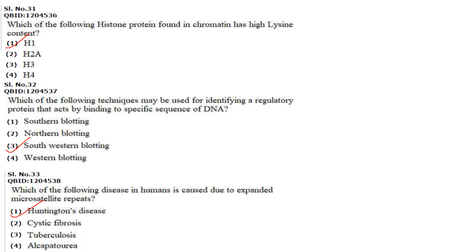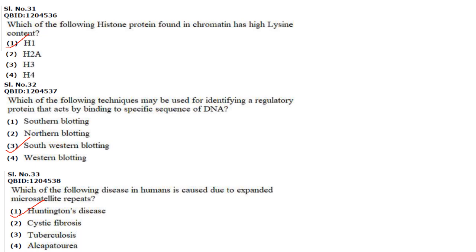Then next one. Which of the following techniques may be used for identifying a regulatory protein that act by binding to specific sequence of DNA? So southern blotting, it is used only for DNA analysis, northern blotting for RNA analysis, western blotting is only for protein analysis.